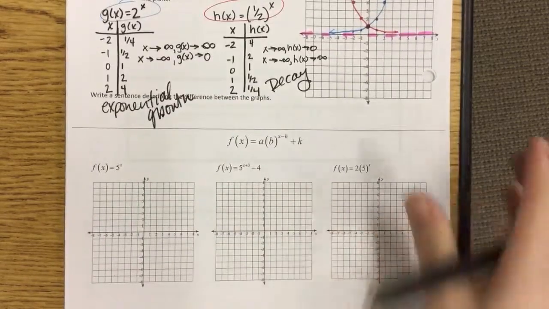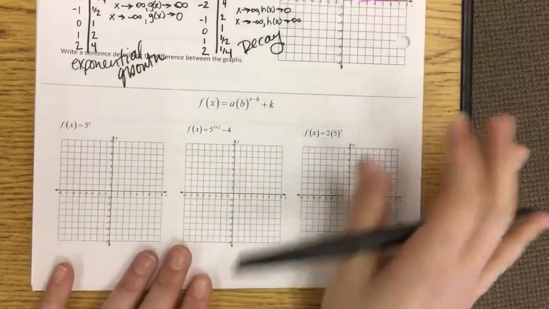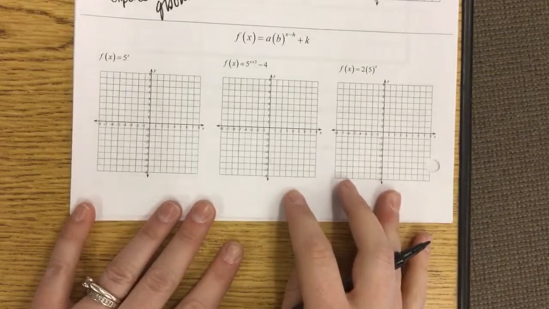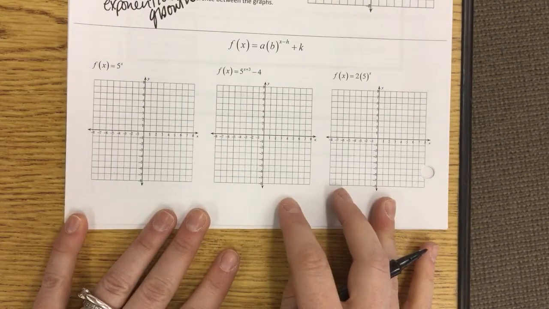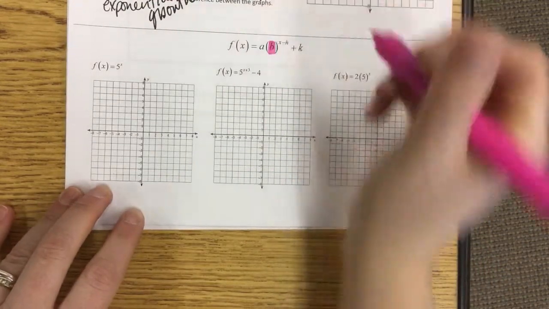Now, the way that we determine if a function is representing exponential growth or decay is by taking a look at the base of our exponent. So here, the base of my exponent is b.